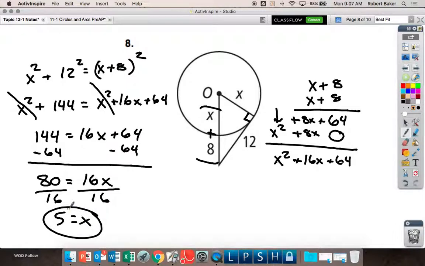So 5 is the radius. So how long is the hypotenuse? 13. So you have a 5, 12, 13 right triangle, which is a very common Pythagorean triple, those lazy teacher questions, so you get whole numbers.